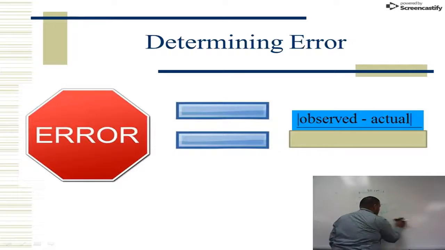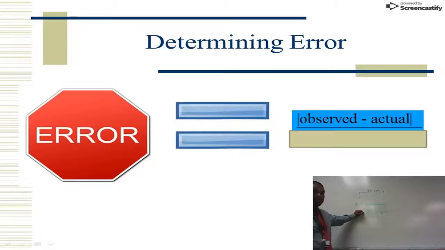Well, our observed, or what we actually did, was 90. Then what were we supposed to have? We should have 100% right. We should have all 100 questions right.